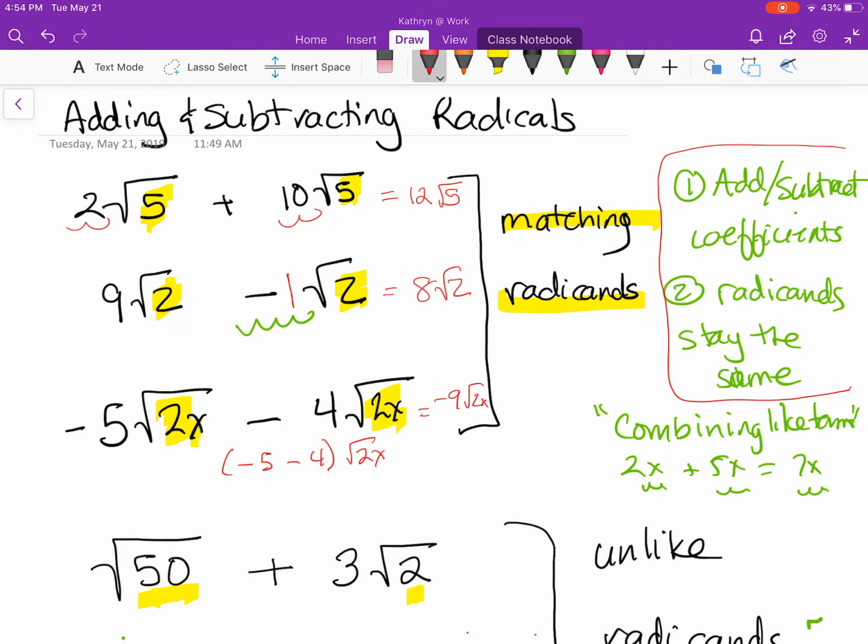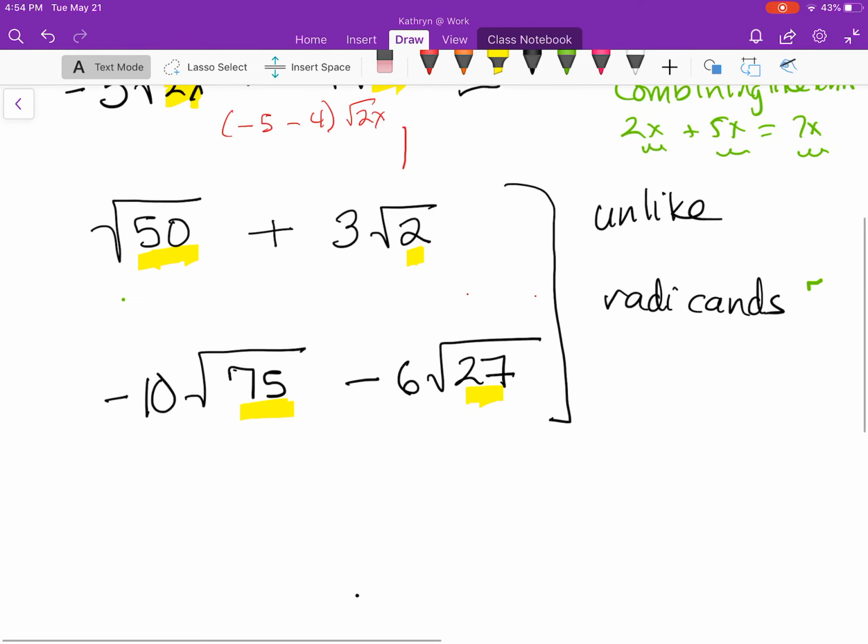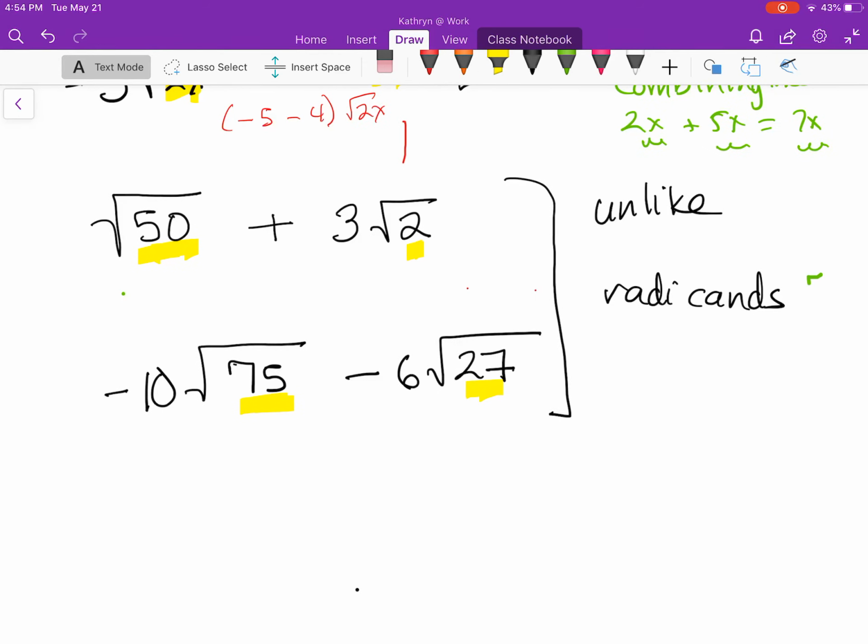If you have unlike radicands, so these two down here at the bottom, we have to do a little bit of simplifying first of the radicands themselves. We're going to need to somehow break down the 50, for example, in this first one, and try to get a radical 2 as the radicand.